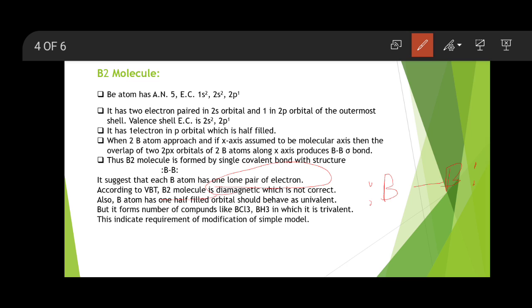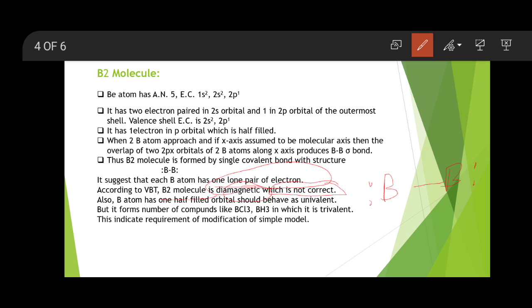According to valence bond theory, the boron molecule is diamagnetic in nature because both electrons in the boron molecule are paired. If electrons are paired, then that species is diamagnetic. If there is an unpaired electron, then it is paramagnetic.